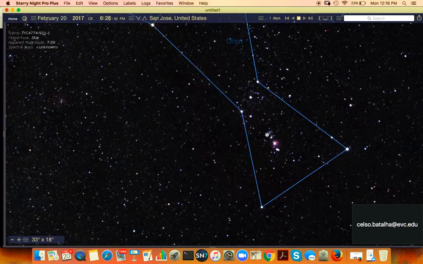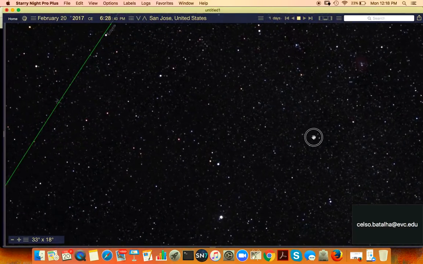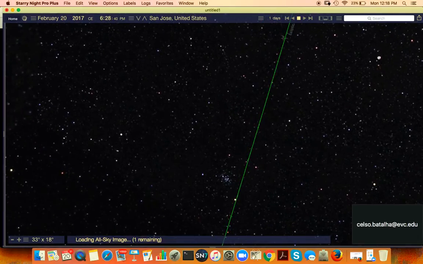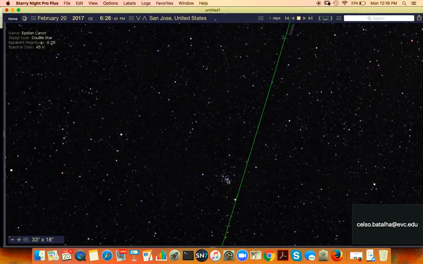And if we had radio eyes, we could see extended regions here indicating star formation, basically. Now, if you look north, let's see a star cluster right here.